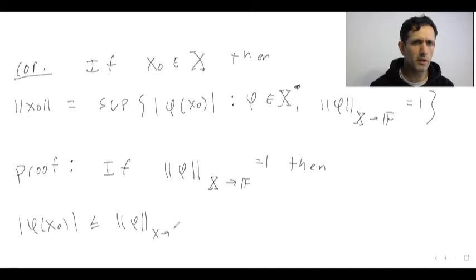Sorry, this equals 1, then this is going to be, yeah, this equals 1 here, so it's the norm of x0.